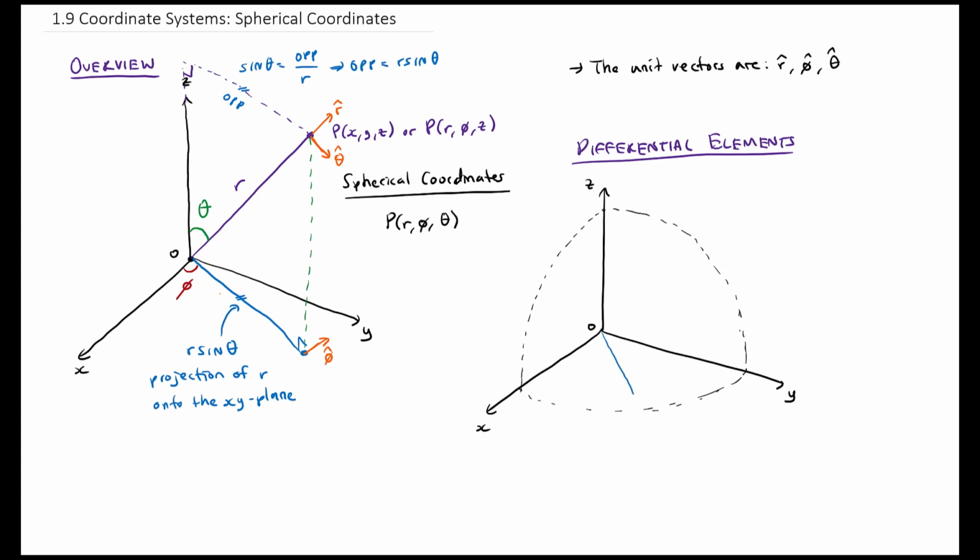I have in blue r sine theta, with this being phi. I know that r sine theta is going to be changing with respect to the x-axis because the unit vector for phi is in this direction.